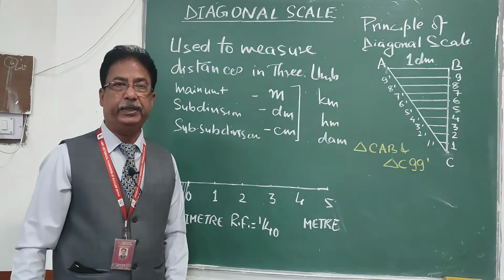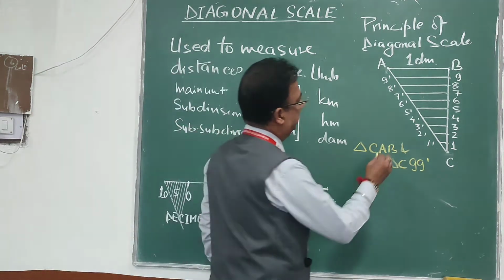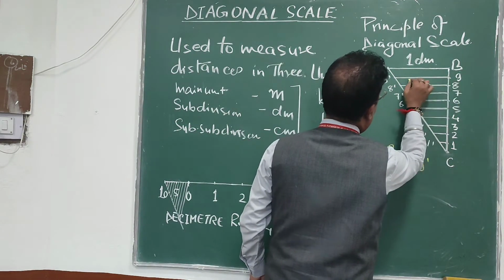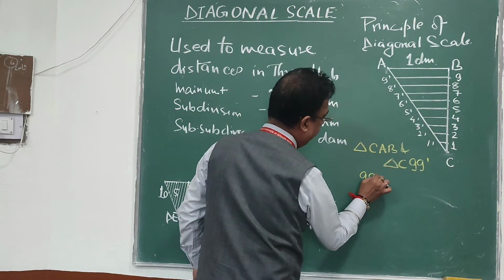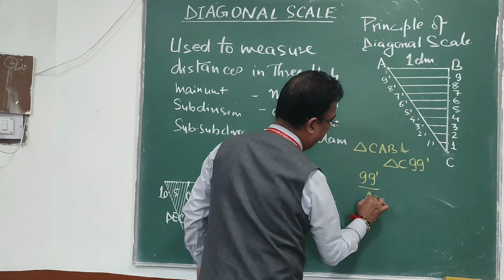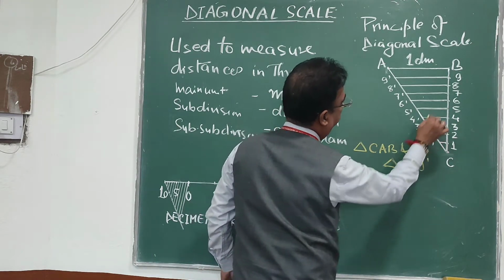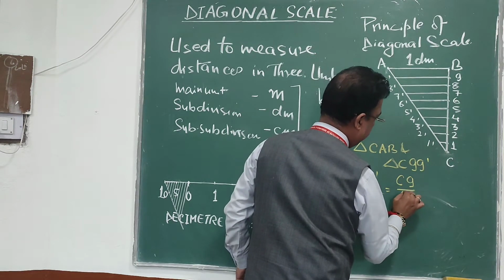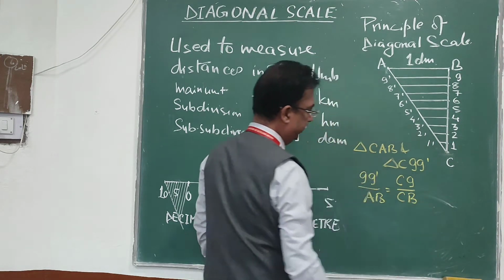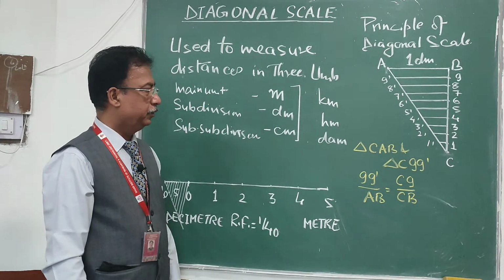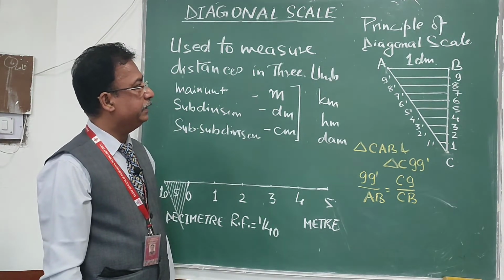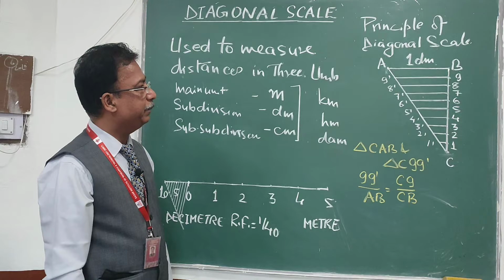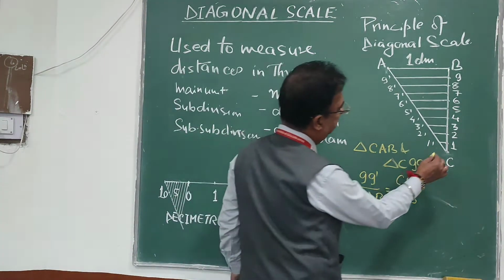In these two triangles, this base, that is 9 9 dash upon AB, base upon base will be equal to height upon height. So that is C9 upon CB. So this is the equation: 9 9 dash upon AB equals C9 upon CB.